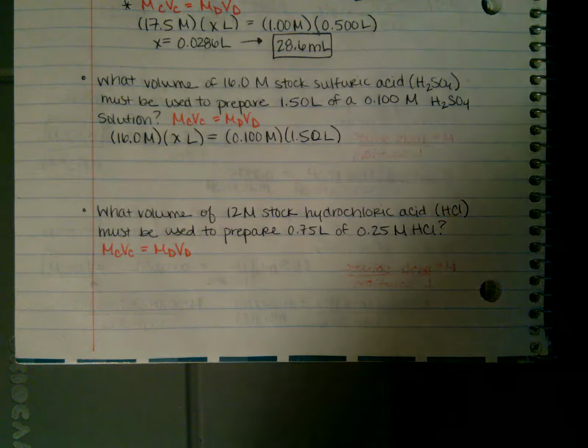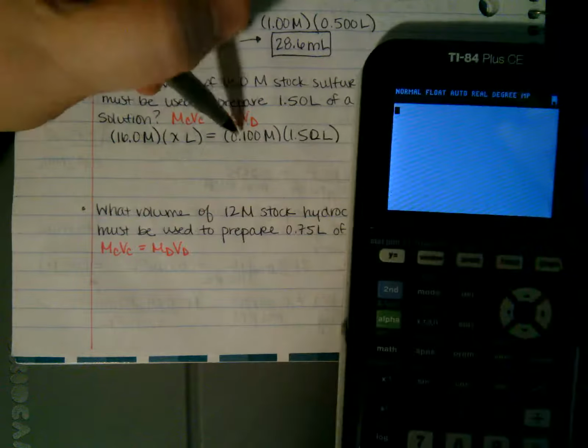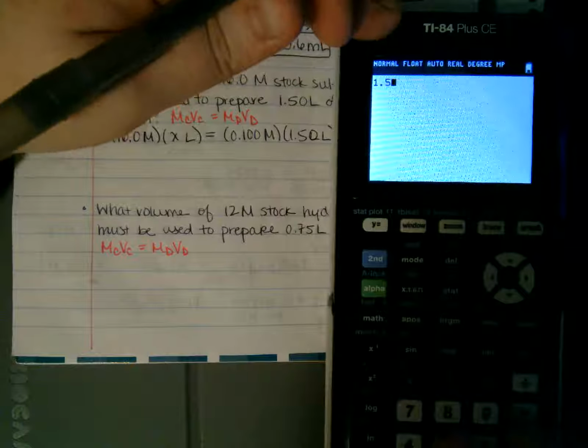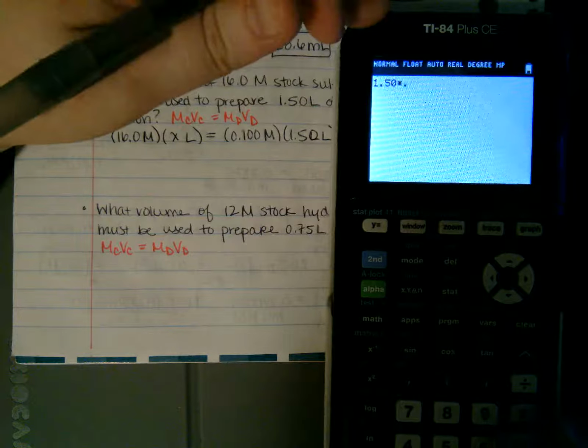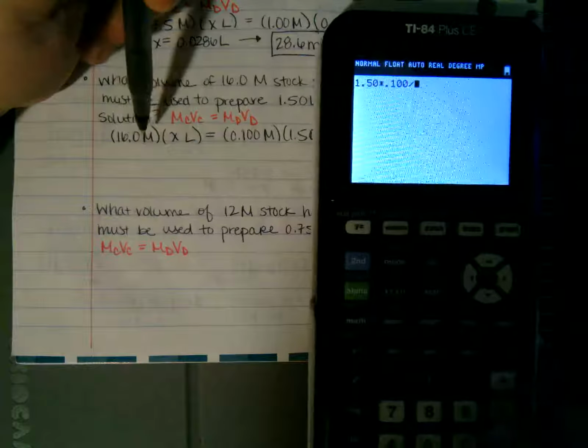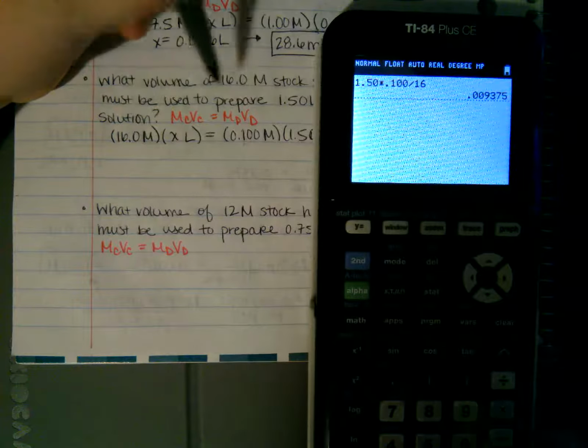If you solve the algebra, you're going to have to take the 1.5 times the 0.1 divided by 16.